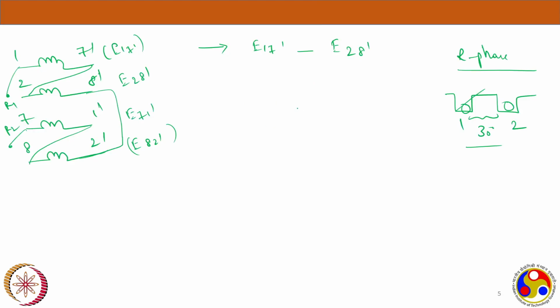Now I am drawing it. If my E1 7 dash phasor looks like this voltage phasor, and at 30 degrees lagging, that is beta, my next voltage phasor E2 8 dash will look like this. I am just placing it here to get the resultant voltage, how my resultant voltage would look.